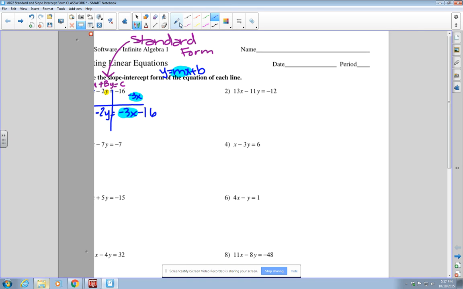At this point, all I'm going to do is write a division bar and divide everything by negative 2. Okay.